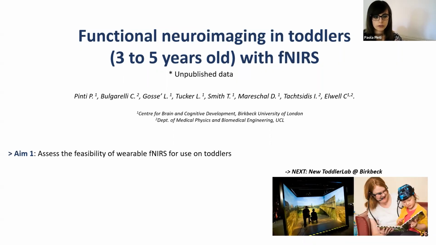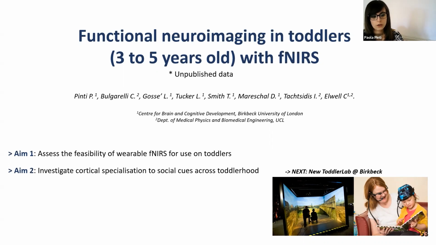But of course, we also wanted to continue along the long history of studies that have been carried out over the years at Birkbeck and at the Baby Lab, in particular to look at cortical specialization to social cues across infancy. Here we wanted to extend the investigation up to 5 years old and see if there is a developmental trajectory also across toddlerhood.